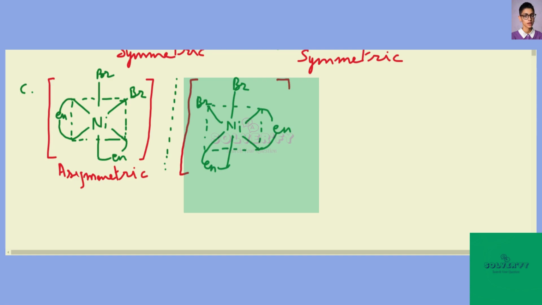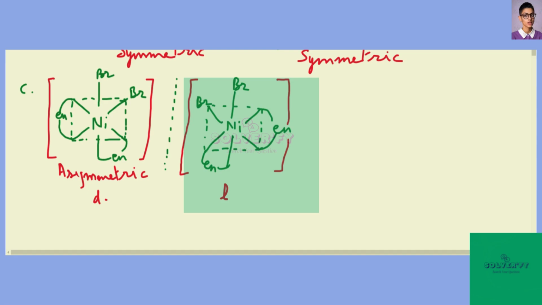and these are also known as enantiomers. They can rotate the plane of polarized light, and of these enantiomers one is D form and the other one is L form.